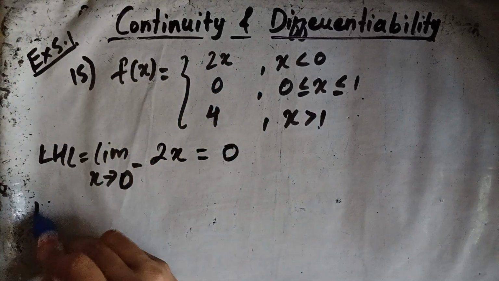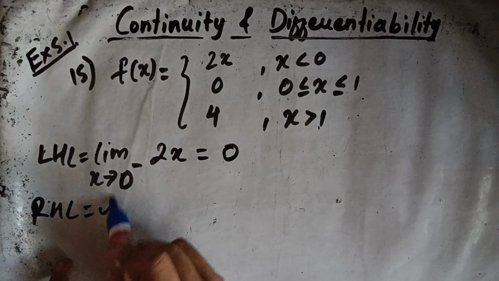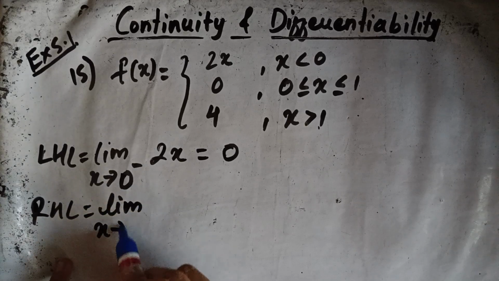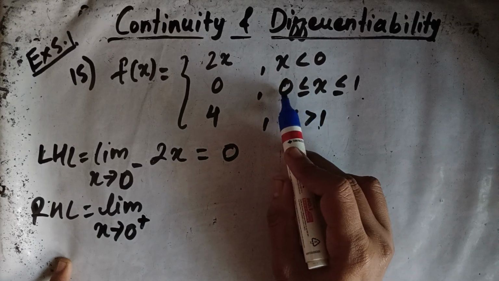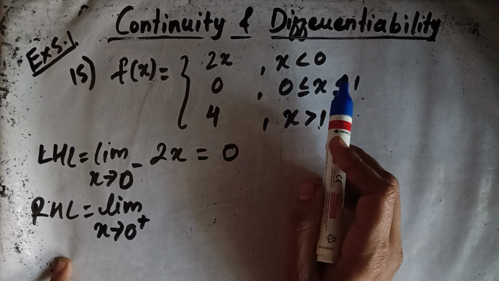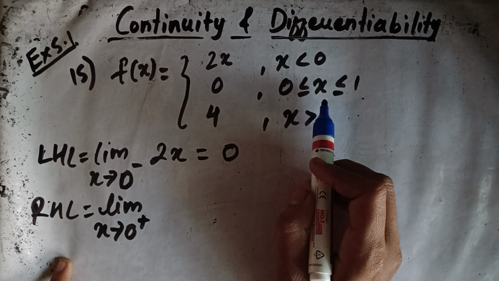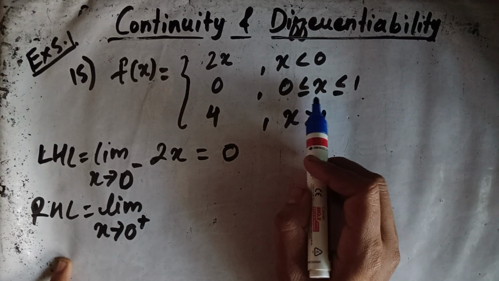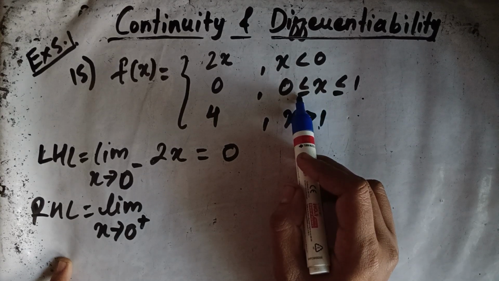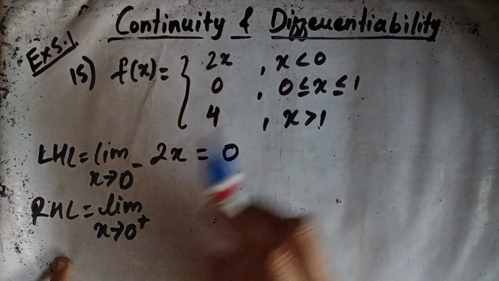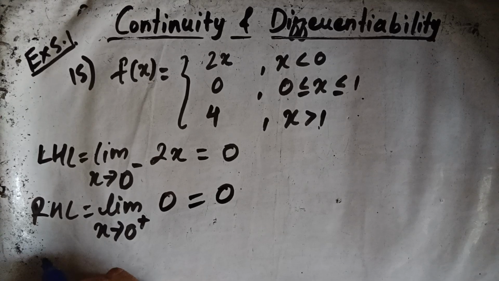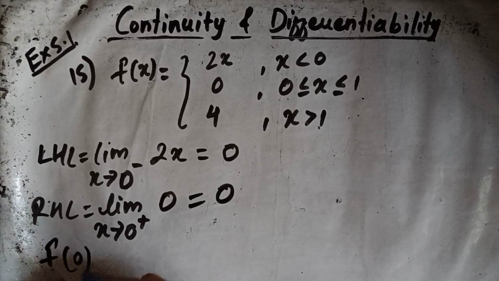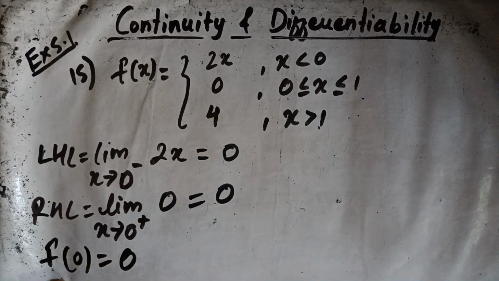So this is 0. RHL as x tends to 0 plus, this is 0. Then f of 0 is 0.